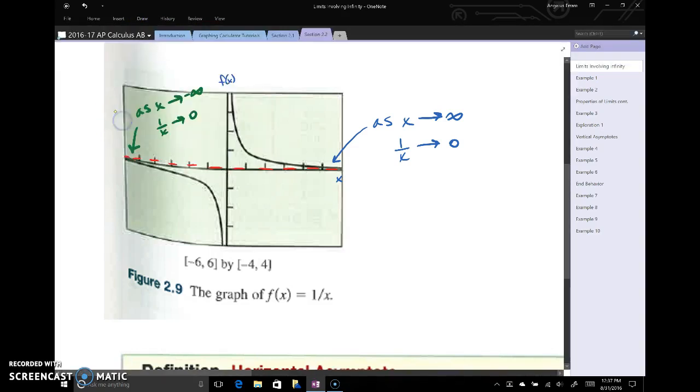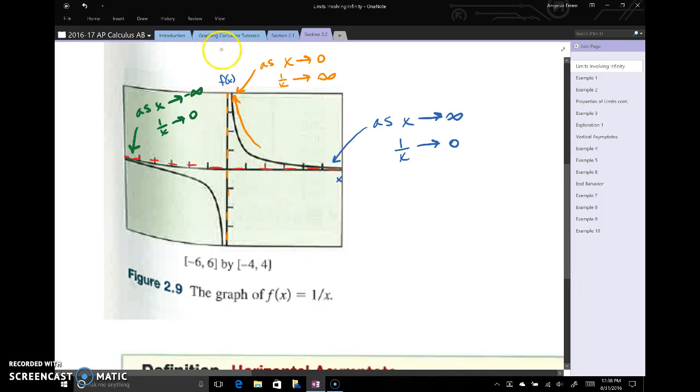We've got another asymptote. We have a vertical asymptote at 0. So we could also write, as, now this one's a little bit more complicated because we can't just write as x approaches 0, the function approaches positive infinity. The reason is because when we approach from this side, we go up to very large values along the y-axis.